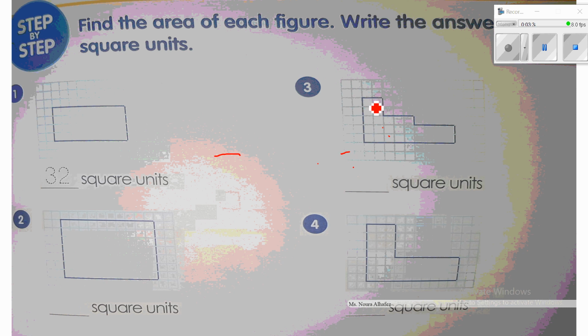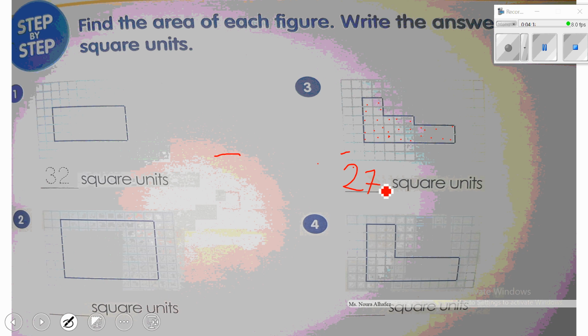Okay. Now I have to count all the squares because here is not a regular shape. So here is 1, 2, 3, 4, 5, 6, 7, 8, 9, 10, 11, 12, 13, 14, 15, 16, 17, 18, 19, 20, 21, 22, 23, 24, 25, 26, and 27. 27 is the answer.